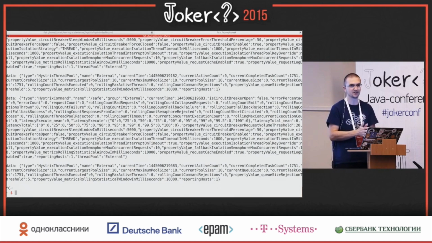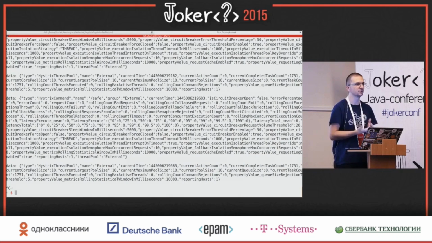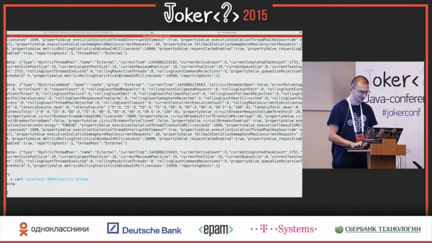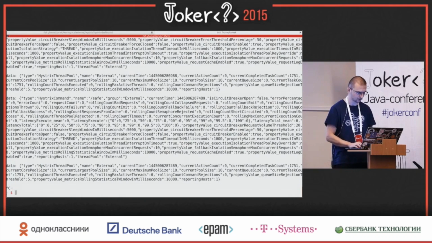All this data you have here, you can build a simple JavaScript dashboard that consumes this JSON data and shows some really nice graphs, samples, whatever. You can plug it into a monitoring system, and if you have too high an error rate of some command, this can trigger an alert and so on and so forth. And this is being streamed for you immediately, and this is truly real time.